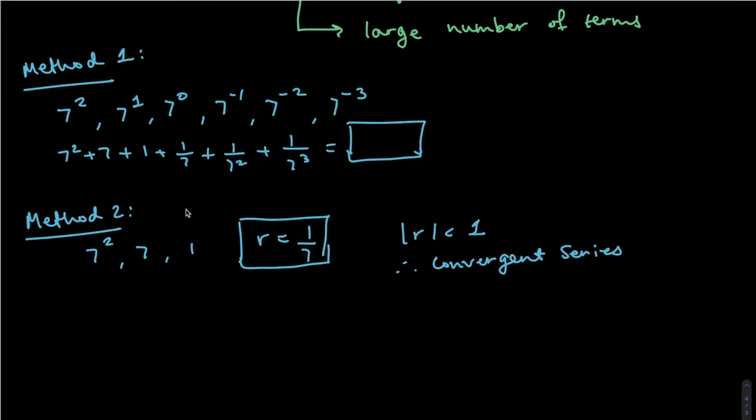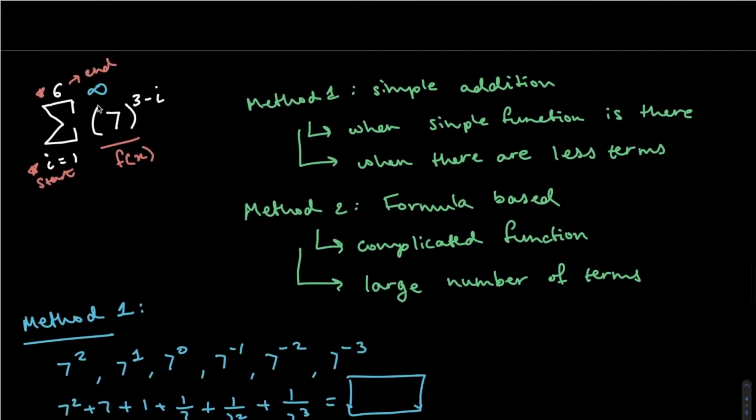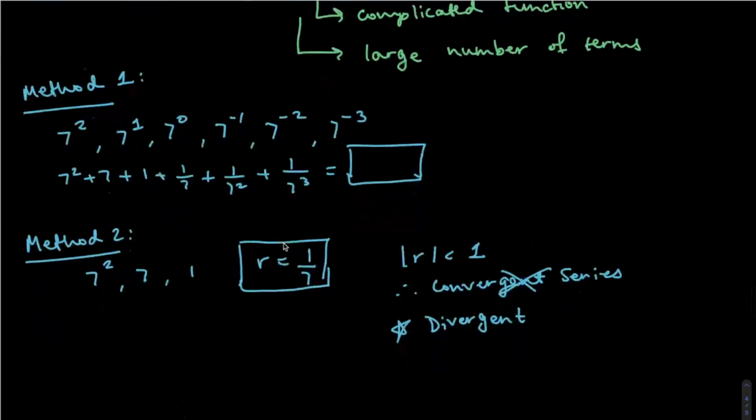But because we have to find the value of the first 6 terms, I'm going to use not the convergent, but the divergent. This is key to solving this question. If this was infinity instead of 6, and only then, would I be using the convergent formula.